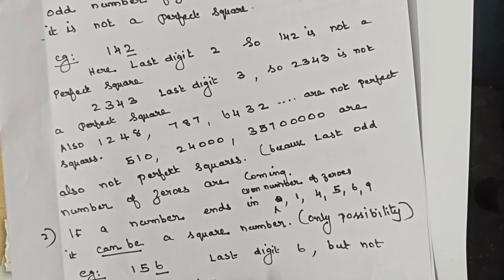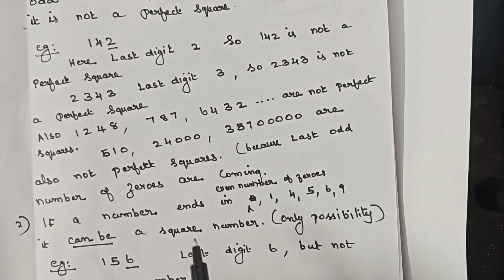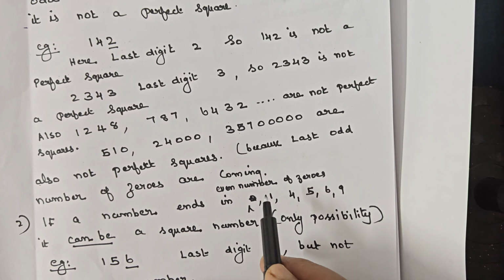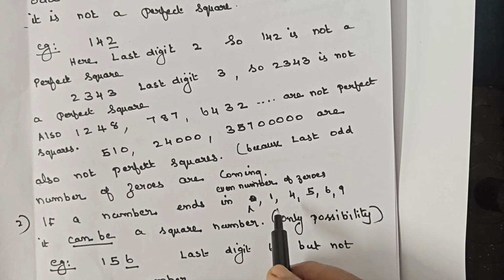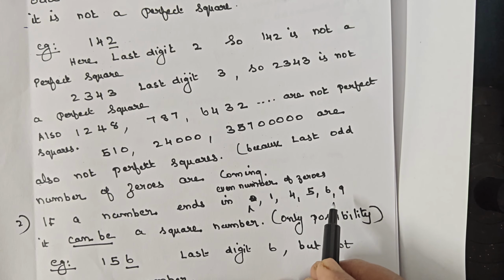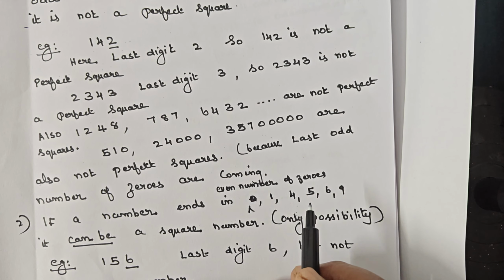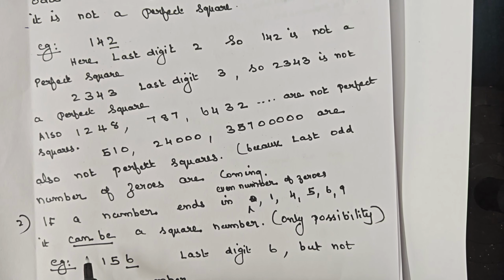Now the second property: if a number ends in an even number of zeros, or any of the digits 1, 4, 5, 6, 9 is coming in the units place, then it can be a square number. That is, it can be a square number, which means it is not sure. In all the cases it cannot be a square number, but in some of the cases it can be.